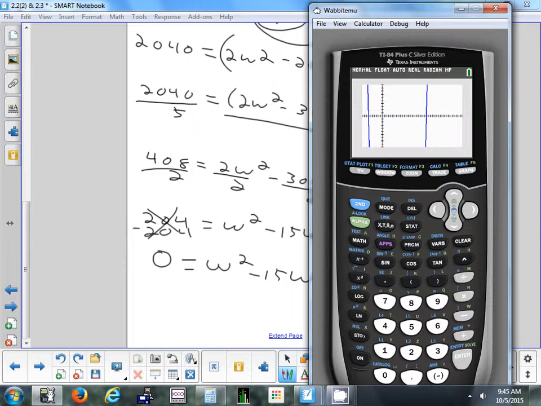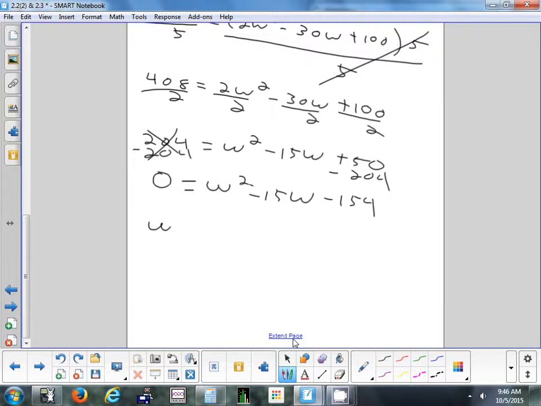So we're trying to find where this equals 0. Which option do I use? 0. Yeah. Okay. Go over towards that root. Okay, looks like it's over at about 21, 22, somewhere around there. So pick a point to the left. Pick a point to the right and do your guess. Okay, so we get our width is 22.